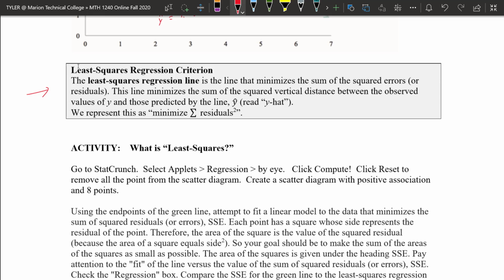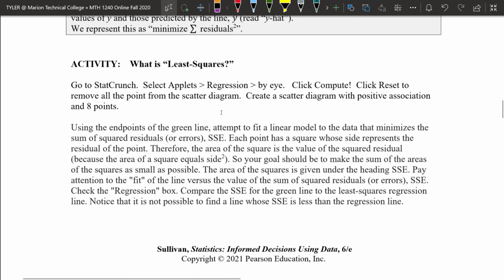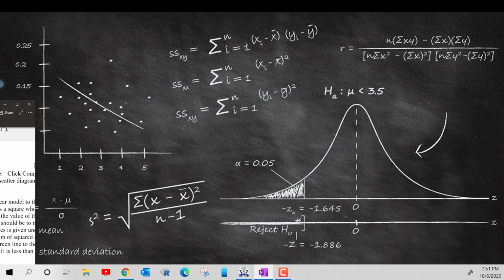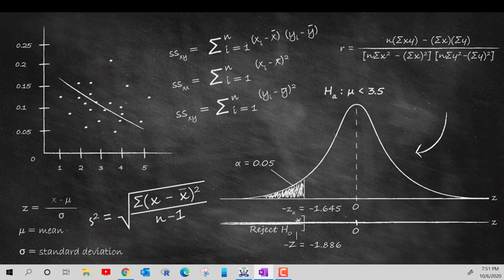So for this next activity, you can read over what's in this box if you'd like, but I went over all that already. This next activity uses StatCrunch, and it gives us a little hands-on application with minimizing the sum of the squared residuals.